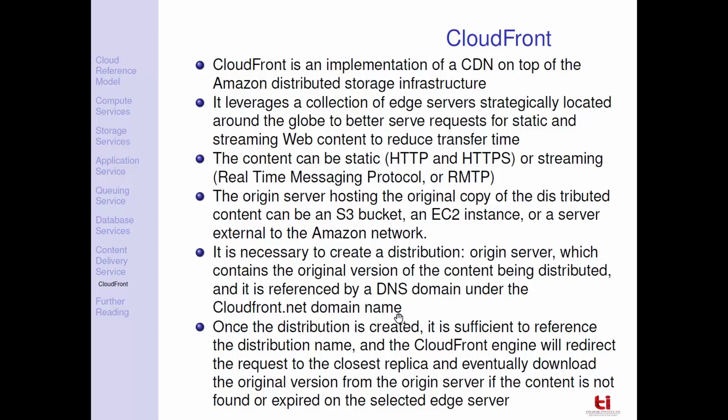Once that content is referenced by a CloudFront.net domain name, that means the distribution is created. It is sufficient to reference the distribution name, and the CloudFront engine will redirect the request to the closest replica and eventually download the original version from the original server if the content is not found or has expired on the selected edge server.